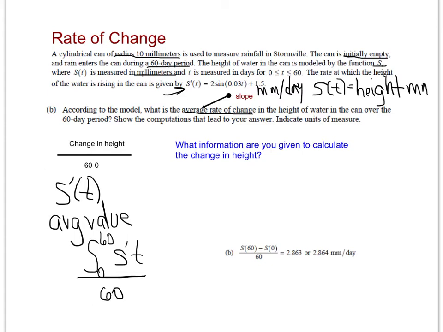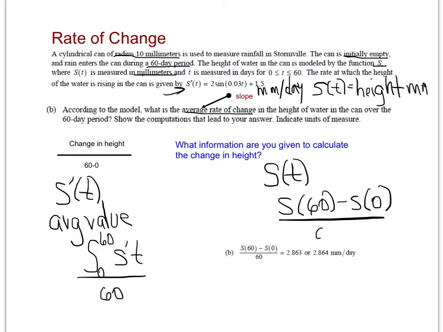Now another way of thinking of this, well, you want to find the average rate of change. So if I had the function s of t, then we would go s of 60 minus s of 0 all over 60 minus 0. Well, do we know the height at s of 60? No, we do not. So I am not able to use this expression to calculate the rate of change.